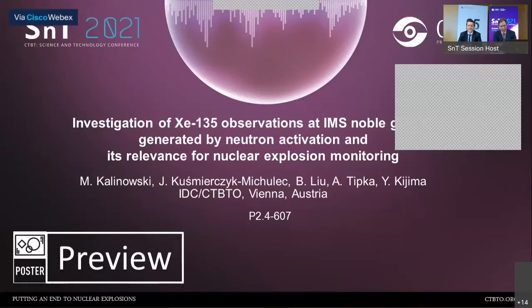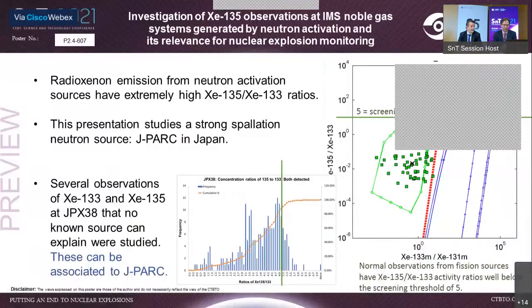Not only is xenon-135 observed frequently, it's also sometimes seen alone without xenon-133. And the ratio of xenon-135 over xenon-133 is extraordinarily high for fission.